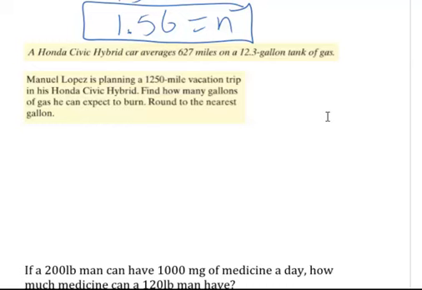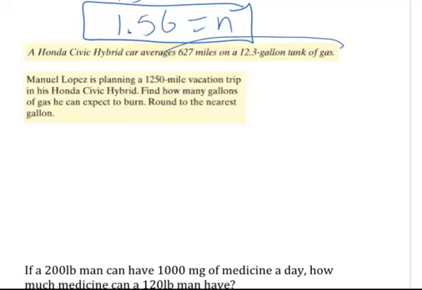with proportions. So the first problem here says a Honda Civic Hybrid car averages 627 miles on a 12.3 gallon tank of gas. It says Manuel Lopez is planning a 1,250 mile vacation trip in his Honda Civic Hybrid. Find how many gallons of gas he can expect to burn, round to the nearest gallon.